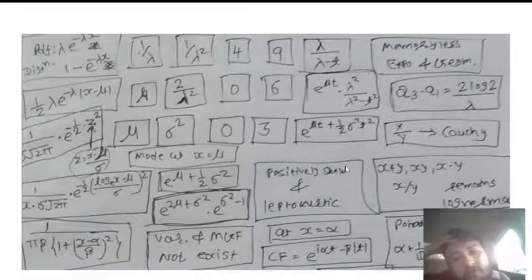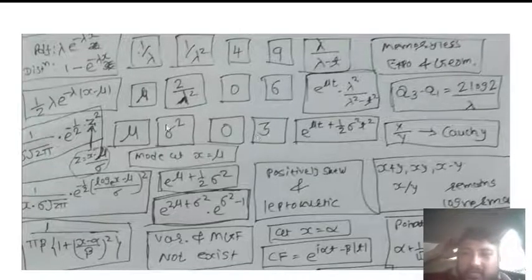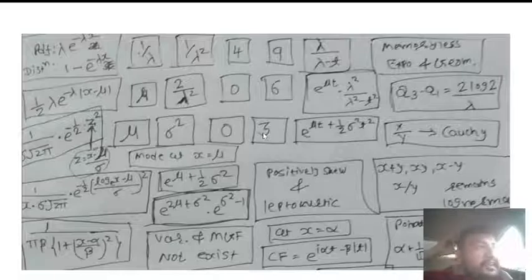I forgot to mention that the normal distribution is mesokurtic: if beta 2 is equal to 3, then it's mesokurtic. If beta 2 is greater than 3, then it is leptokurtic, and if beta 2 is less than 3, then it is platykurtic, as you all know.